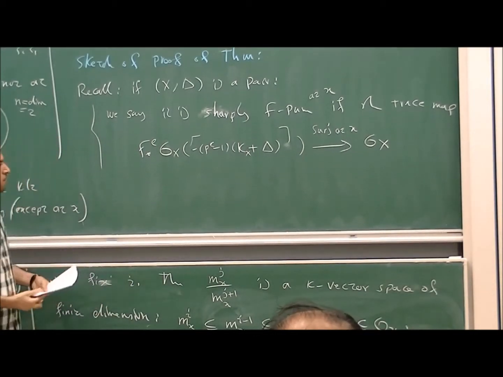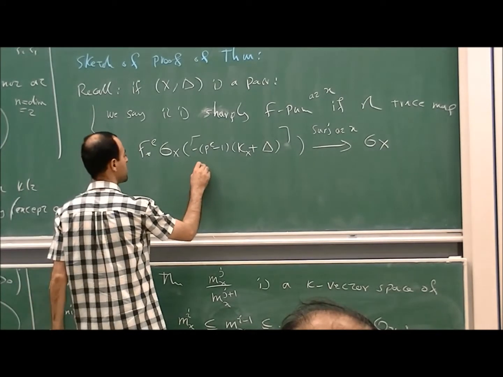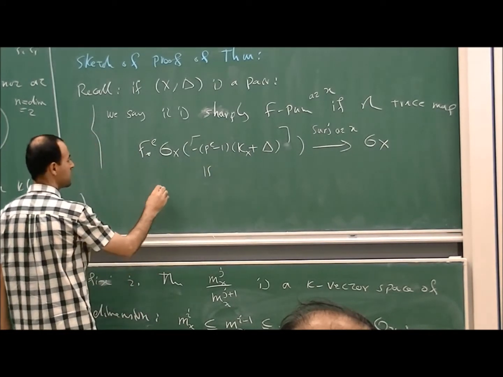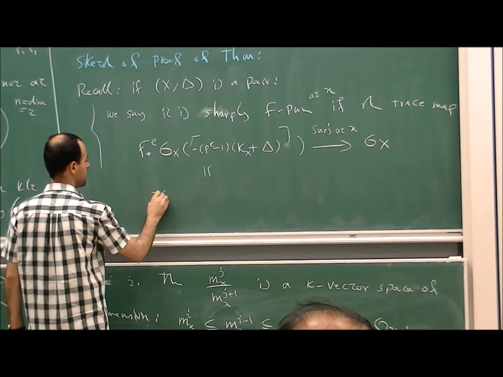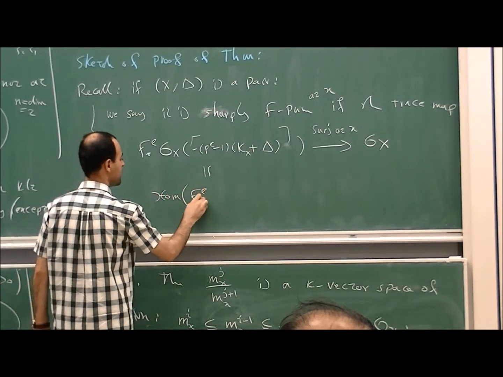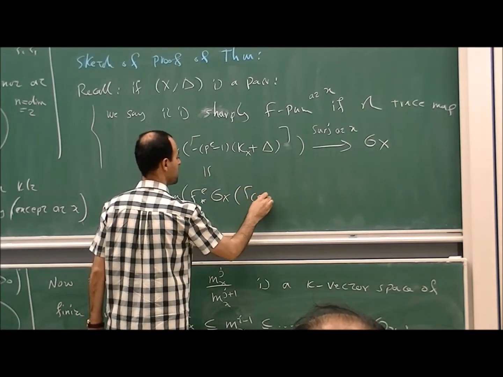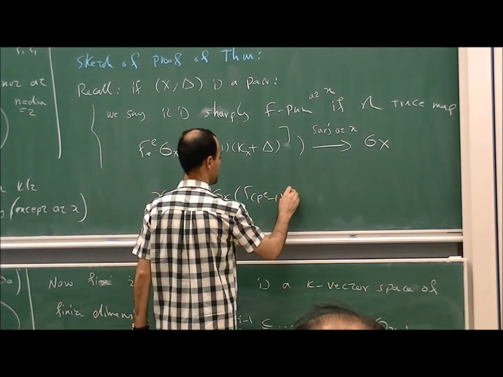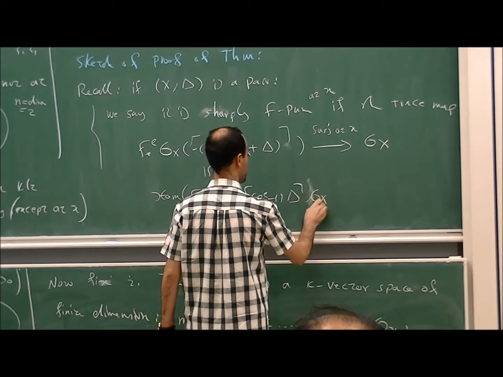So in lecture 3 at some point I wrote this trace map, but in fact the definition is slightly different because it is more defined in this form. So you just need to remember that this sheaf here is in fact just F^e lower star O_X((1 - p^e) delta) and then O_X.